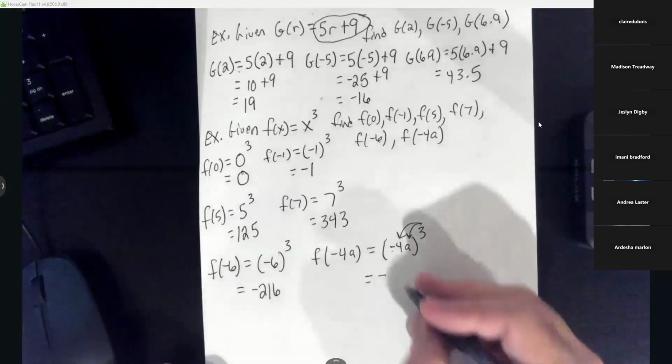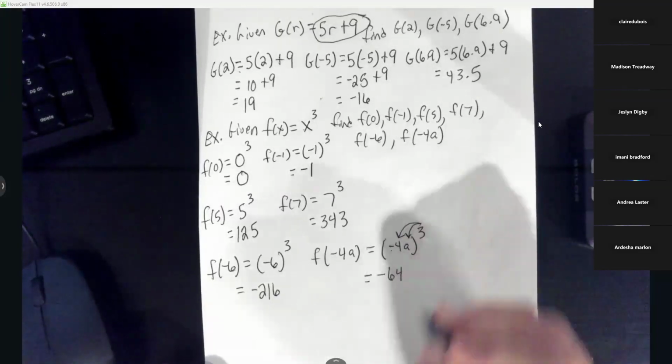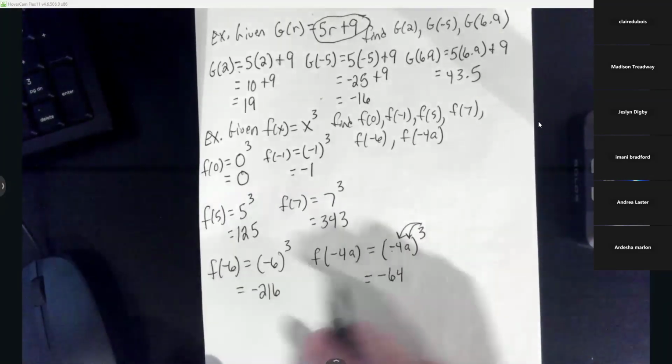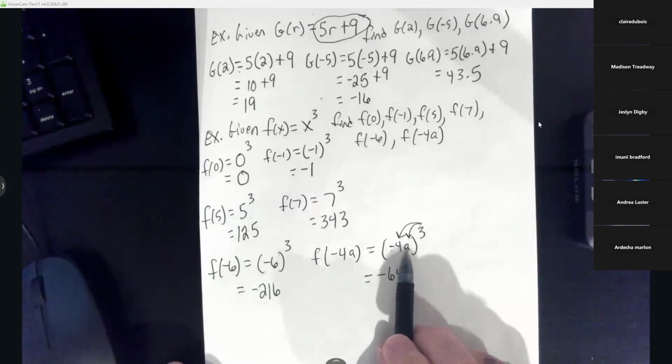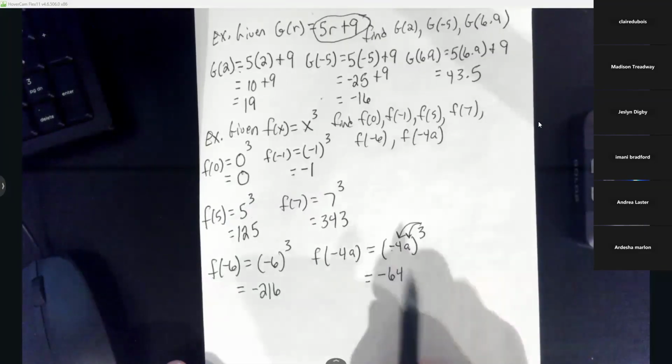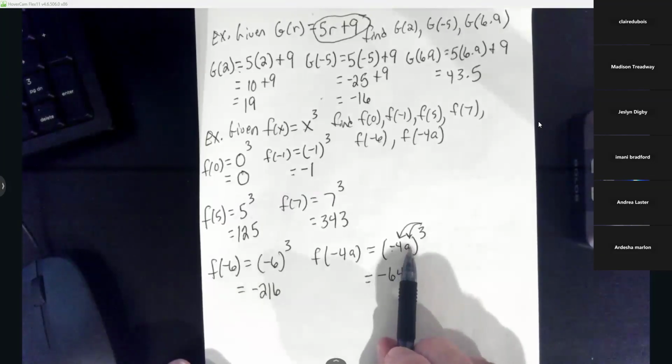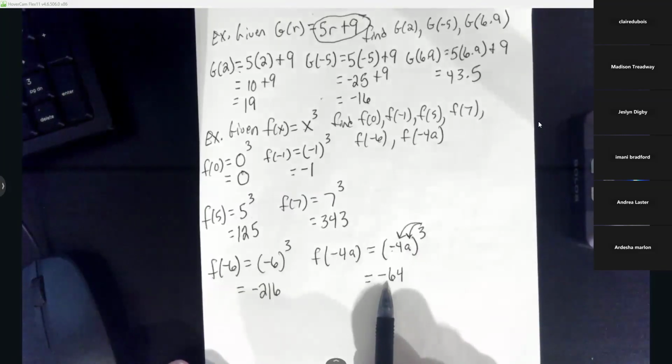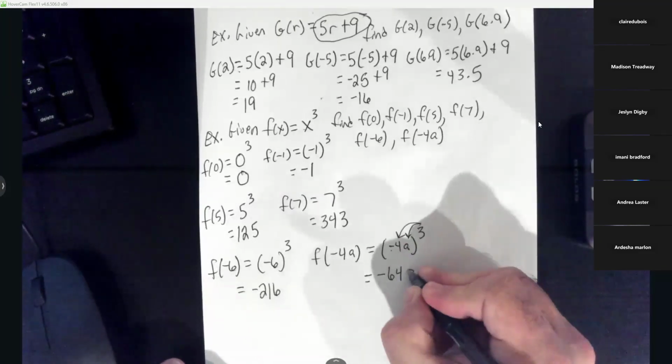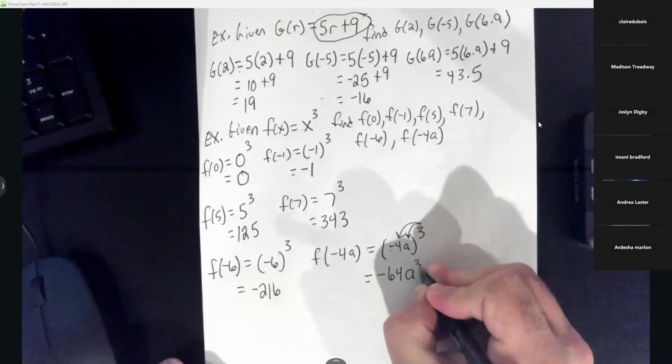So it's definitely the negative 64 I like. But now think about this. You got an a times the a times the a. So since I got an a times an a times an a, I'm going to get a negative 64a cubed.